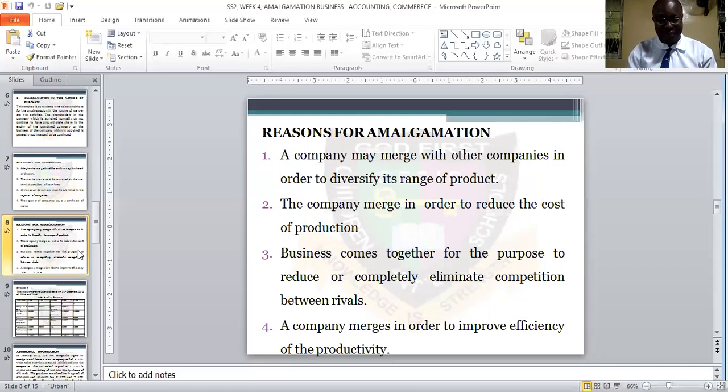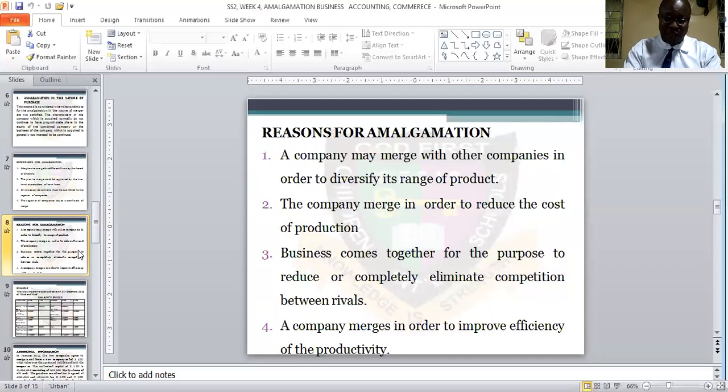Maybe they are selling biscuits before and they want to switch to selling beverages, perhaps because biscuits are not selling well and beverages are the ones selling across the whole country. That may be the reason they want to merge the two companies together.